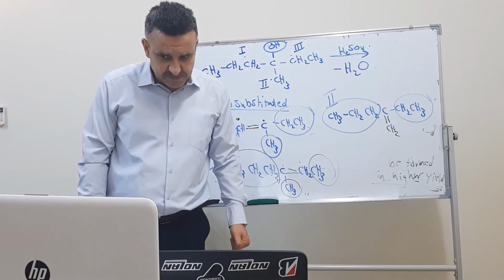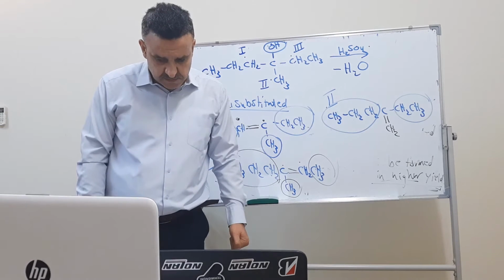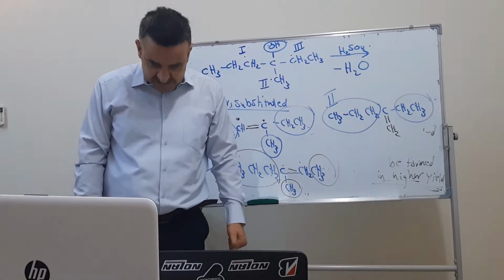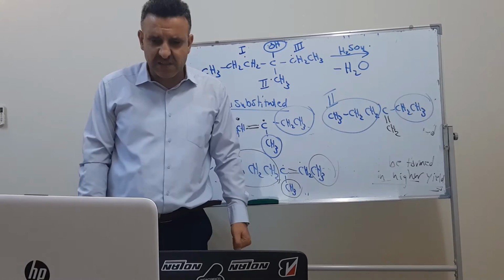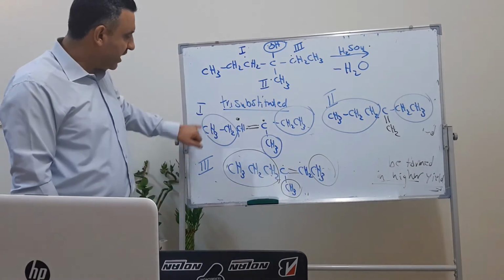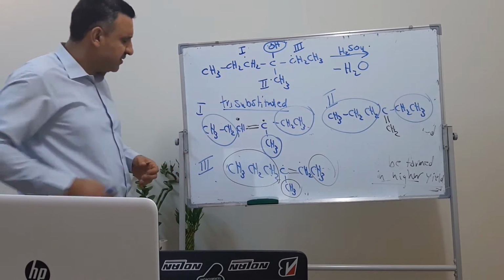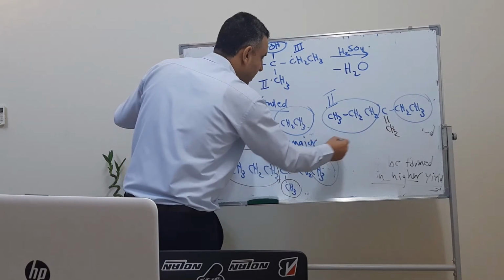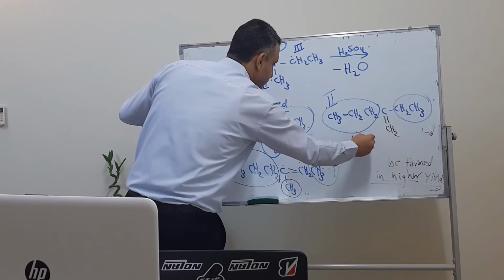Do you follow me? So can we say that 1 and 3 are the major and 2 is the minor? Exactly, absolutely. That's exactly what we should say. Now, 1 and 3 are the major products. It's like a mixture of products. Major, and this is simply a minor.